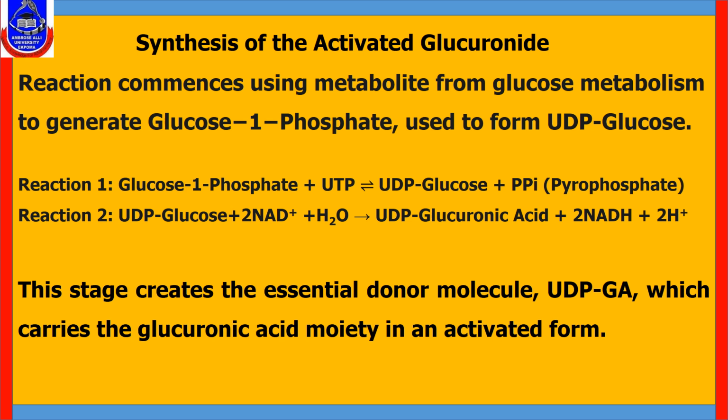The glucose 1-phosphate can come from the glucose pathway. This stage creates the essential donor molecule UDP-GA, that is UDP glucuronic acid, which carries the glucuronic acid moiety in an activated form.